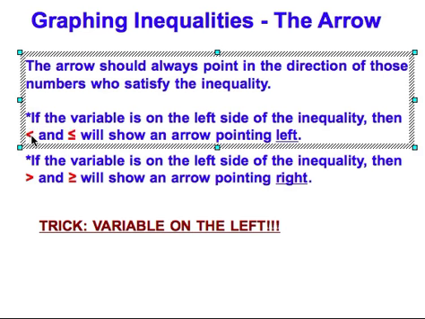On the other hand, when the variable is on the left side, the greater than symbols will show an arrow that points to the right because this models the tip of an arrow. This will only work when the variable is on the left of the inequality. So I write all of my inequalities with the variable on the left so that I know which way my arrow is pointing.